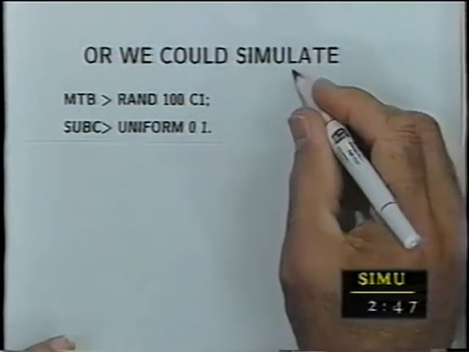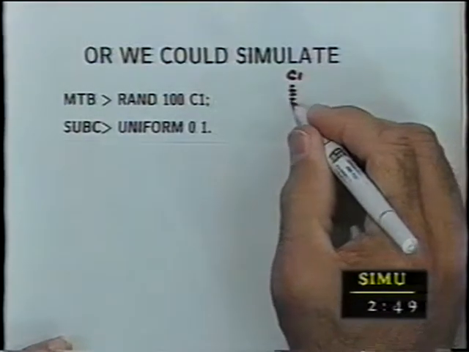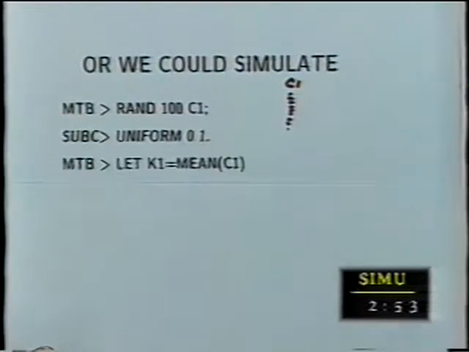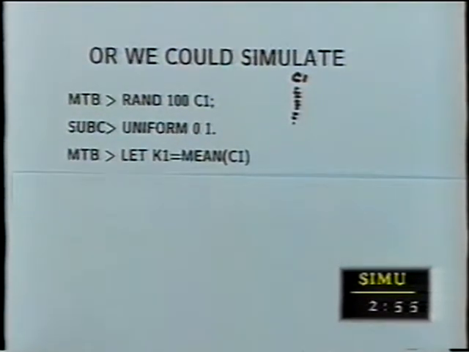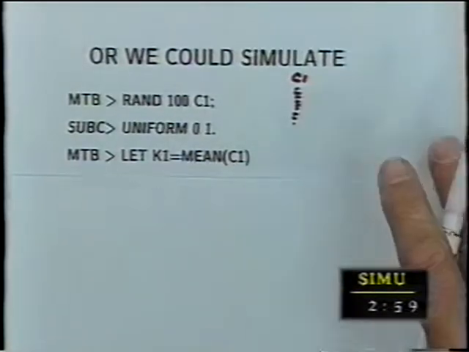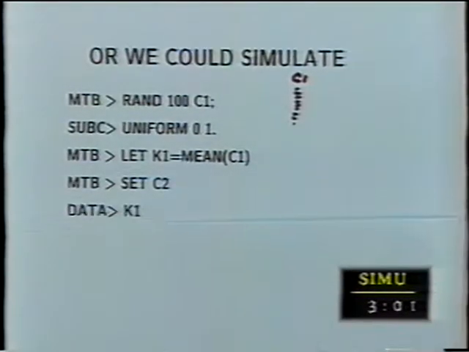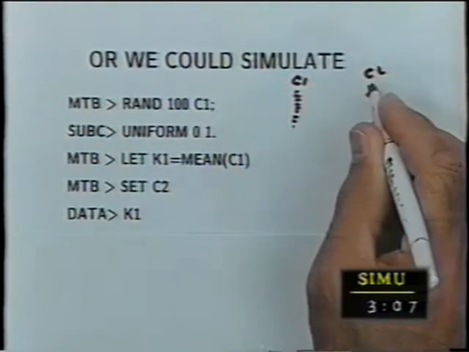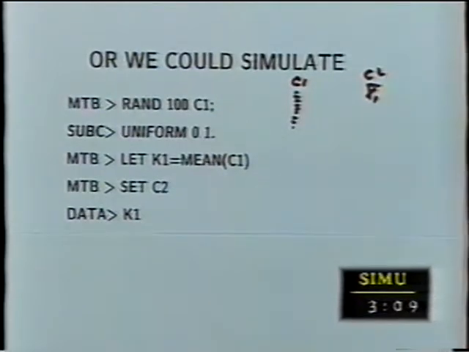So I've got a column C1 with 100 numbers in it from the uniform distribution I want. I then say, let K1 be the mean of C1. Well, that gives me X bar, the average. I say, set C2 with K1. So in C2, I put X1 bar, the first average. End my data, and I'm finished.